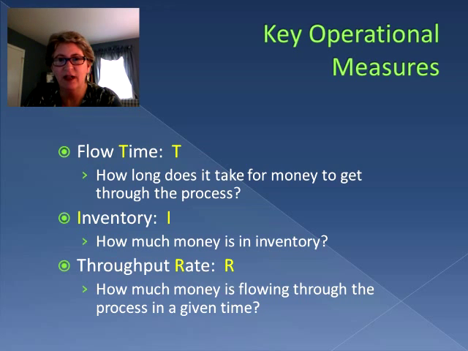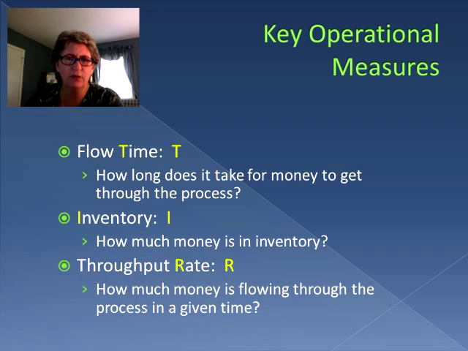When we're looking at financials, we're looking at money, more specifically dollars or other kinds of currency, in terms of how long does it take for a dollar to get through the entire process, how many dollars are sitting in inventory, and how many dollars go through the entire process in a day, a year, a month, and most usually we're looking at it in terms of a year.